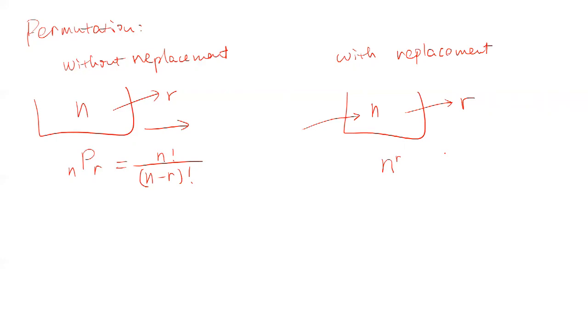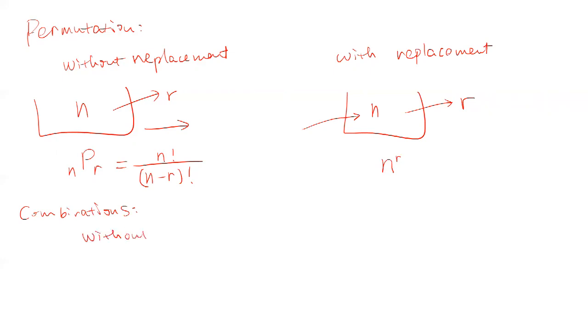Why? Because it comes from the rule of product. To pick r elements, there are r steps to do this task. In each step, there are n unique ways to finish it. So the total number of ways is n to the r. So similarly, for combinations, we also have the same question.